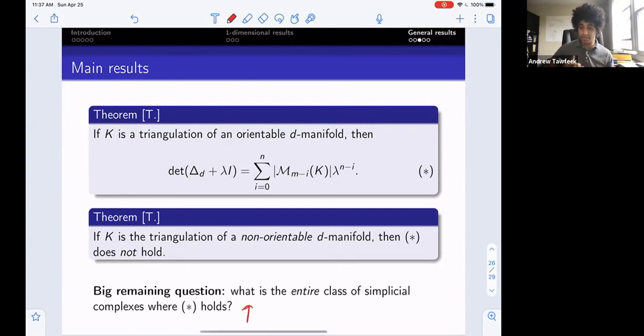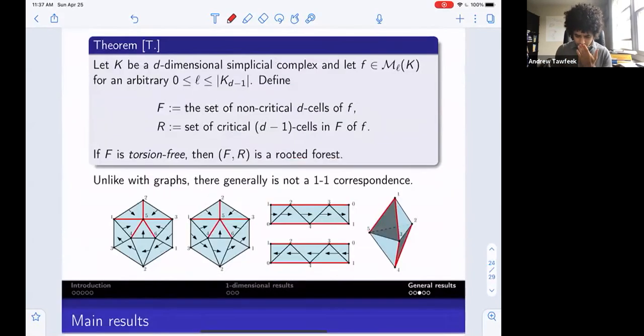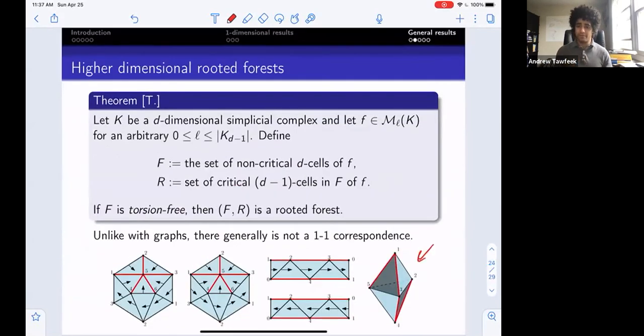so we did investigate this question quite a bit. Like I personally wasn't satisfied with this statement, and I wanted the whole set of complexes. And you do run into having to consider other topological properties besides orientability when investigating this bigger question. Because for instance, this thing is something that fails.